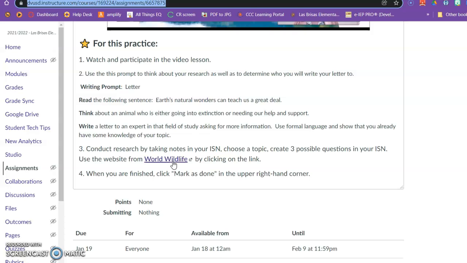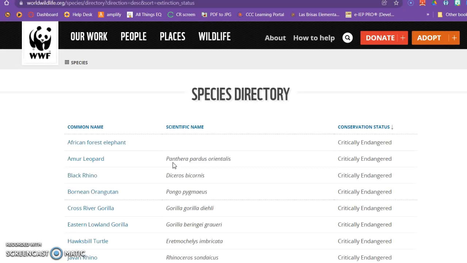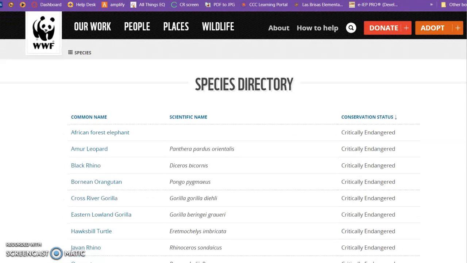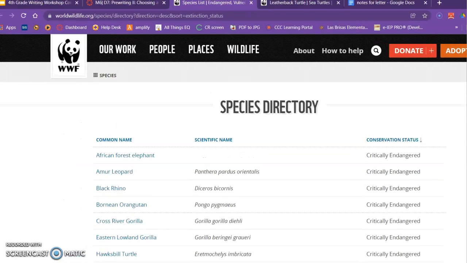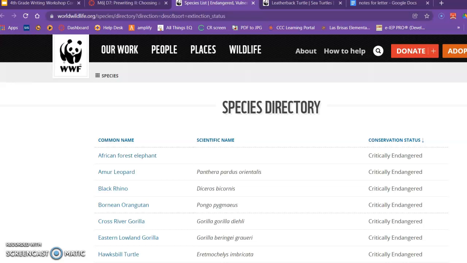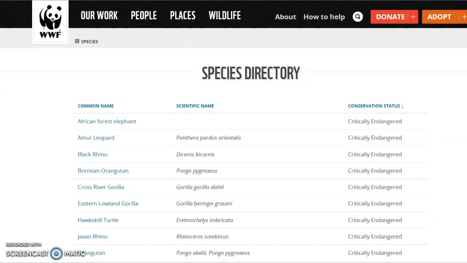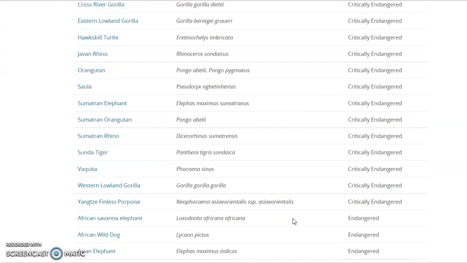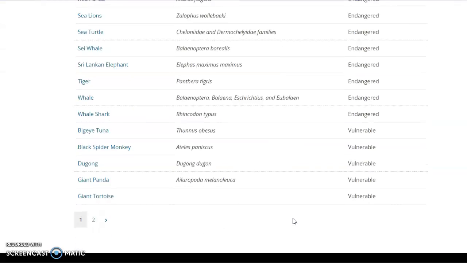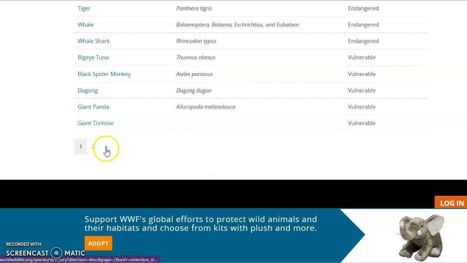So I'm going to click on this website, World Wildlife, and this is going to take me to the species directory. So if you notice, let's see if I can make this bigger. Okay, I can't make this bigger, but if you notice, if I go down to the bottom here, there's more than one page.